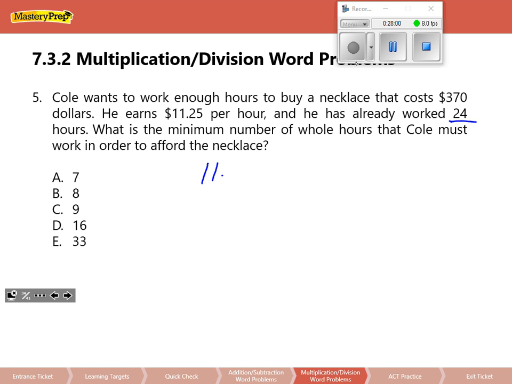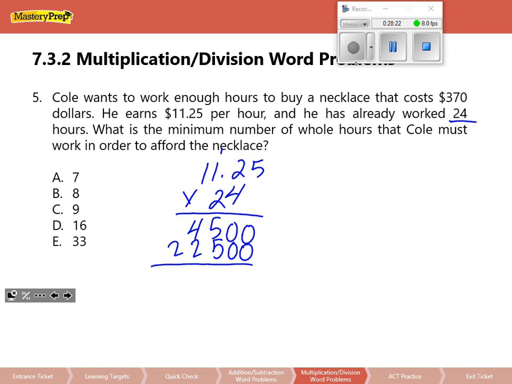Well, we can say 11.25 times 24. Because we can multiply that, 0, carry the 2, 8, 9, 10, 0, carry the 1, 4, 5, 0, 0, carry the 1, 5, 2, 2, 0, 0, 1, 4, 5, 6, 7.